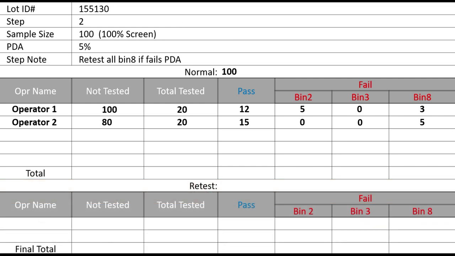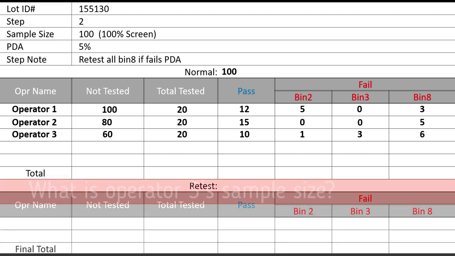Operator 3 comes in and they now have 60 not tested devices. They will also test 20 devices with 10 passes, 1 bin 2, 3 bin 3, and 6 bin 8 devices.